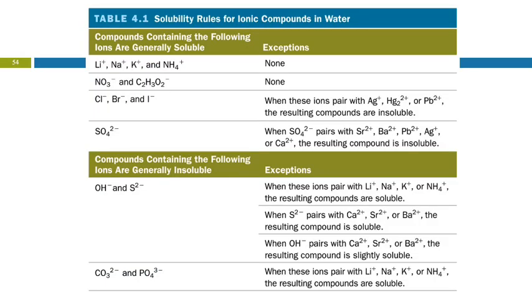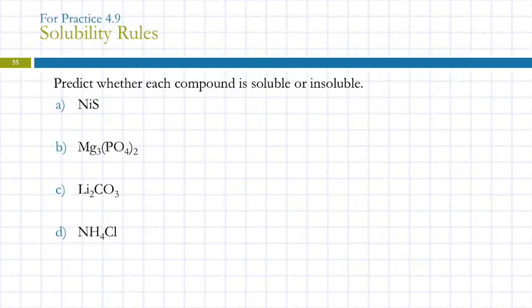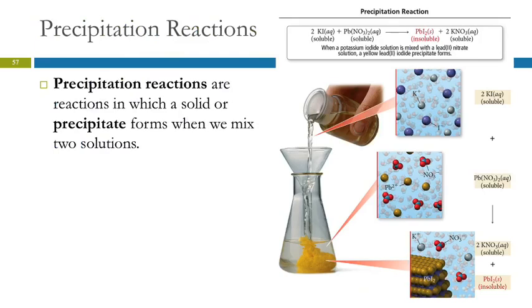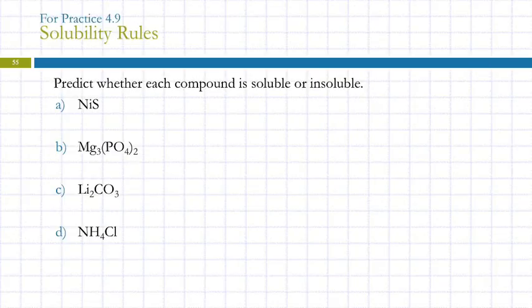The only exceptions for phosphate are the alkali metals and ammonium, but if we had one of those, we would have stopped up here, so we're not going to run into them. So the phosphate then, sorry, I'm probably making you dizzy or something. I'm making myself a little crazy. This is insoluble. Then this one would also be insoluble.